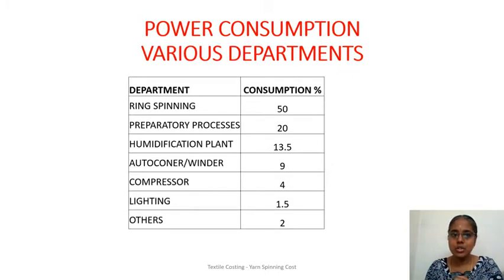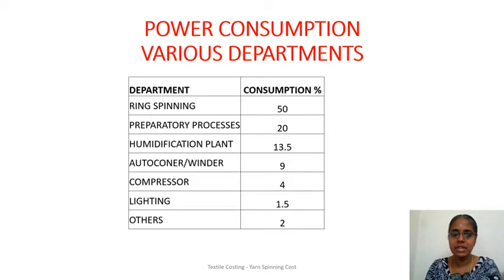This table shows the power consumption of the various departments, productive and non-productive. The first two are the productive departments. The total productive departments consume 70% of the total power, and 50% of the total power is consumed by the ring spinning department.